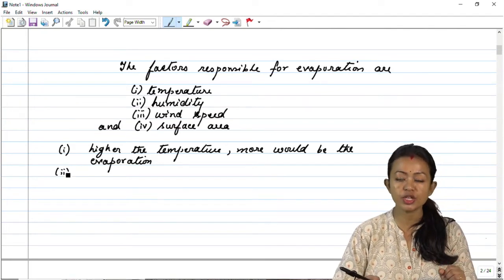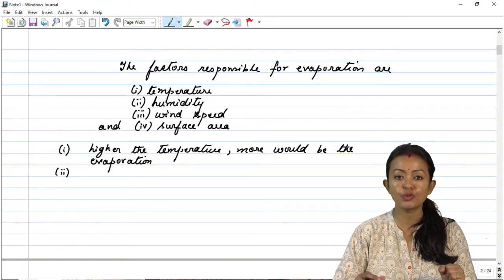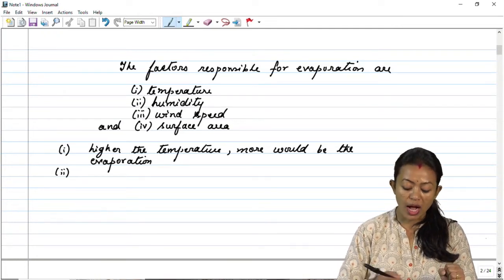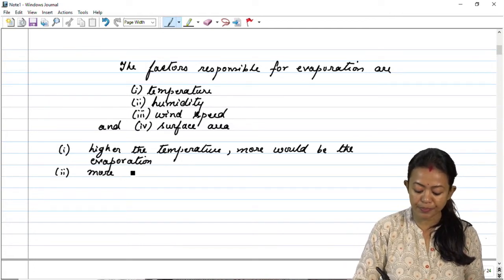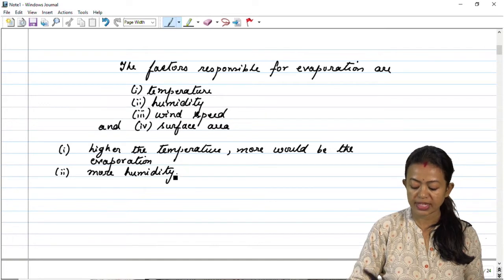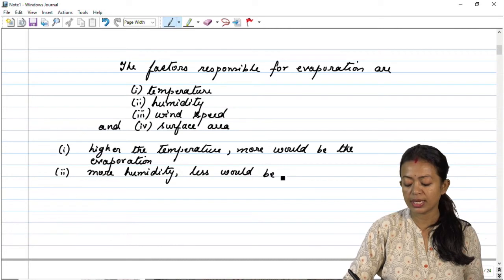Now what is humidity? Humidity basically means the level of water vapor in the atmosphere. How much water vapor is present in and around a place is called humidity. So how does humidity influence? More humidity, less would be the rate of evaporation.